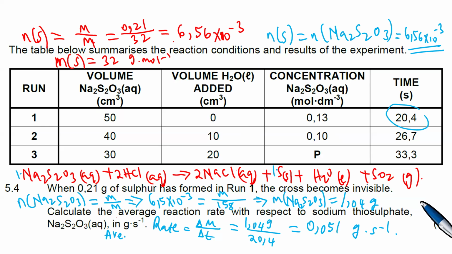Right, so obviously at this point, remember the question says calculate the average reaction rate with respect to sodium thiosulfate, whose mass we know. And what would then be the initial mass? Remember that the concentration of sodium thiosulfate is changing. And sodium thiosulfate is the independent variable.